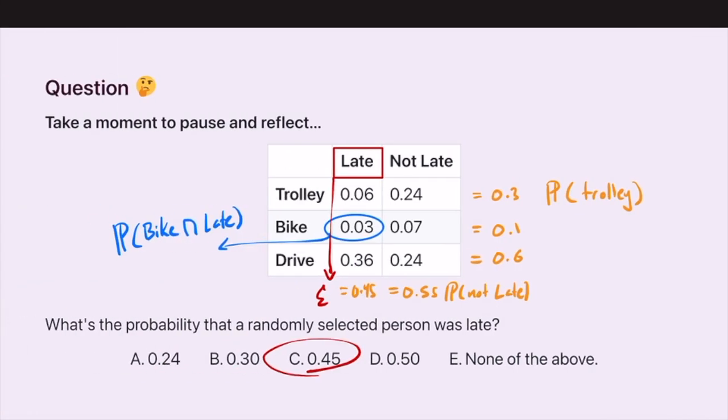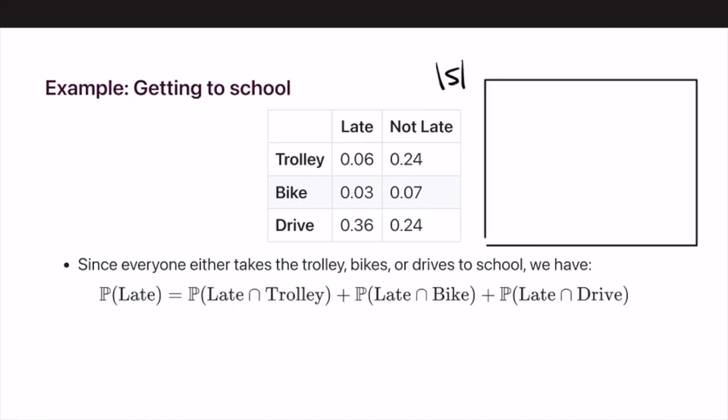These numbers were 3, 6, and 1, so I'll try my best to draw that. Something kind of like this: drive, bike, and trolley.